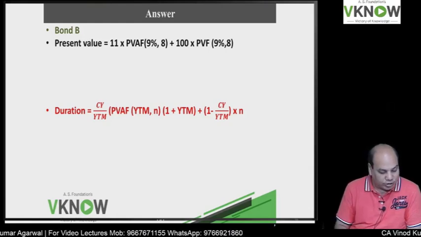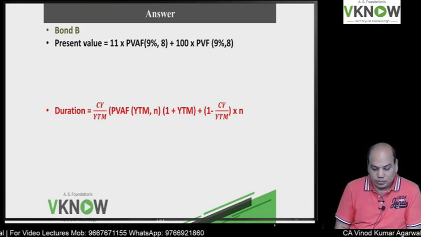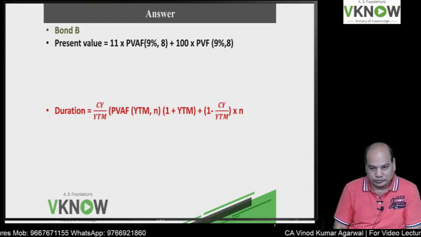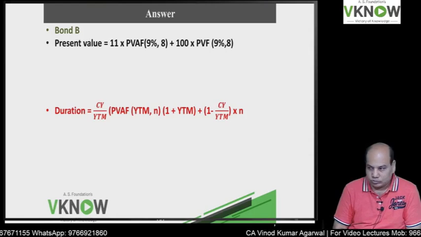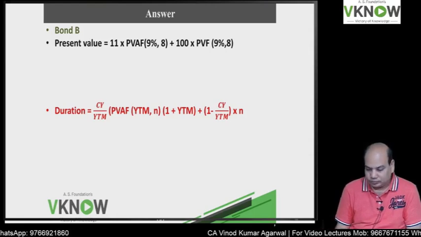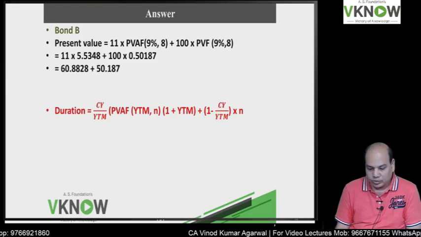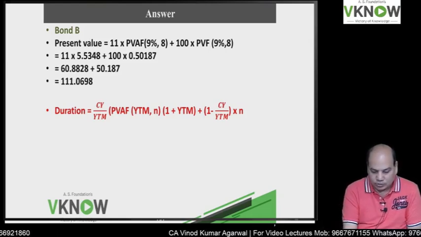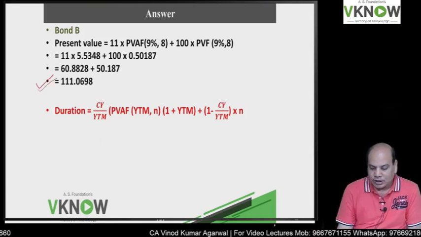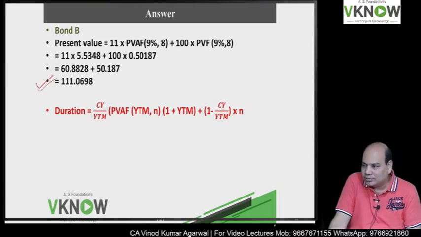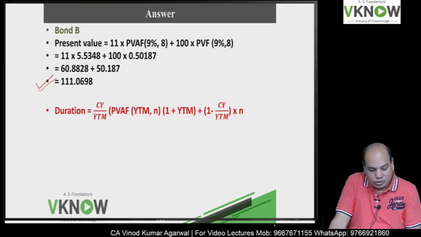It has 8-year maturity. 9% is the YTM plus 100 into PV annuity factor 9% comma 8. Solve. Just write it down, later on you can check. 111.0698.